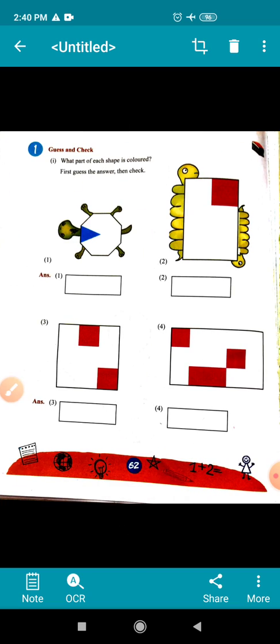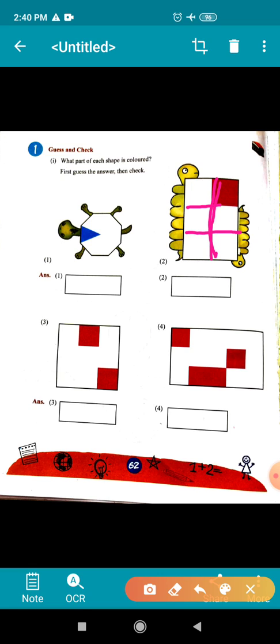In this figure, you have to tell what part of the shape is colored. Children, to do this question, first of all you have to divide the figure in equal parts. Okay, so I am telling you one example. Here this is a rectangle and this is a square. So you have to divide the rectangle into parts equal to this square.